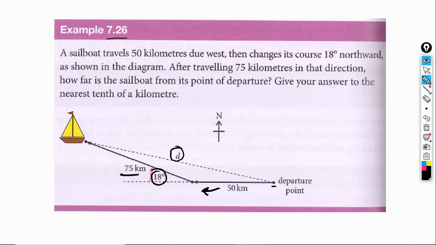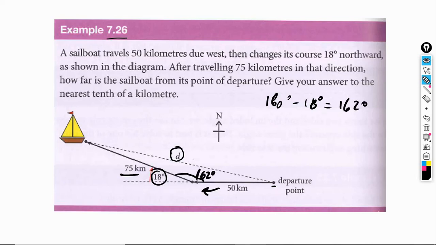So notice that if we have this angle here, it would be easy to apply the law or rule of cosine. But this is an easy angle to find because this is equal to 180 degrees minus the 18 degrees, and that is 162 degrees. So that means that this angle here is 162 degrees.